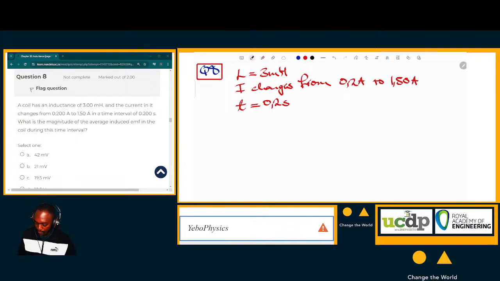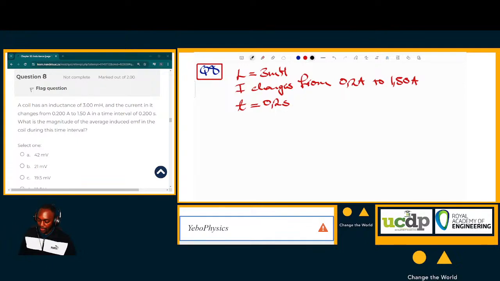So we should remember that EMF induced in a coil is directly proportional to the rate of change of the current.